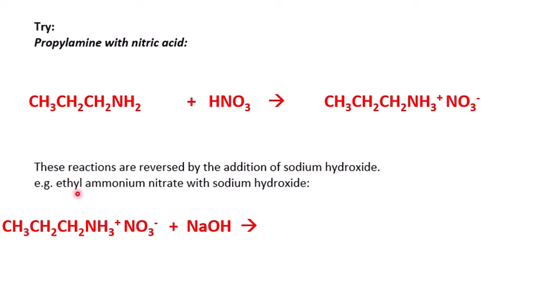So this propylammonium nitrate reacting with sodium hydroxide, and basically what will happen is the H+ will go on to the OH- and give us water. That leaves our two ions, Na+ and NO3-, so that would give us sodium nitrate. So our products would be the amine back again, propylamine or 1-aminopropane, water, and sodium nitrate.